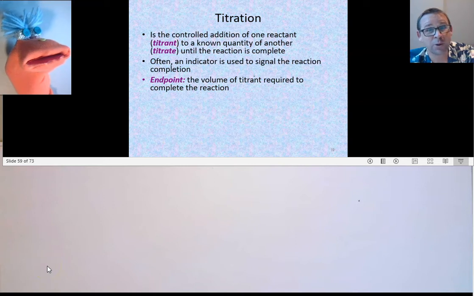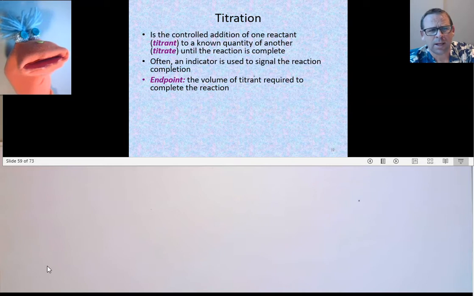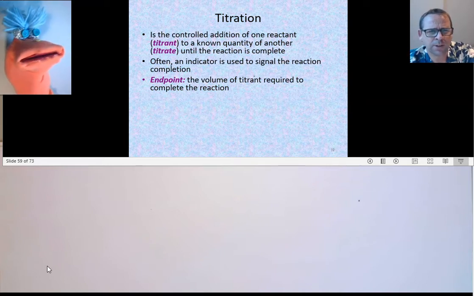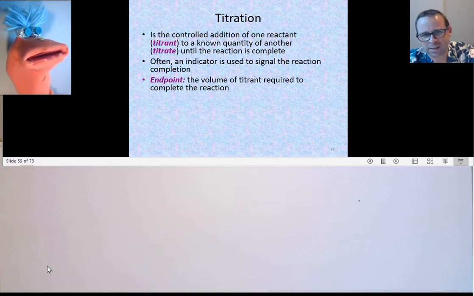All right, so now I'm going to introduce to you what we call a titration. A titration is kind of a little experiment, a little reaction that you perform in which you combine two reactants and you have an understanding of how they're going to combine, which we call a chemical equation. You have a chemical equation to know the ratio in which they combine, and you know what the products are going to be.